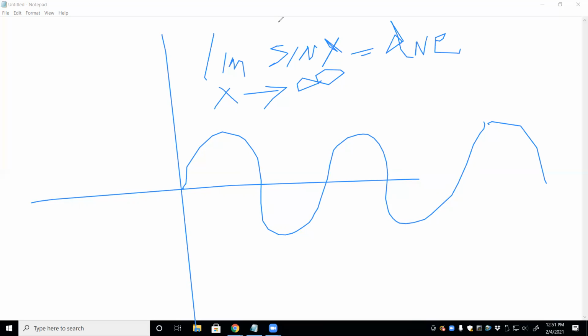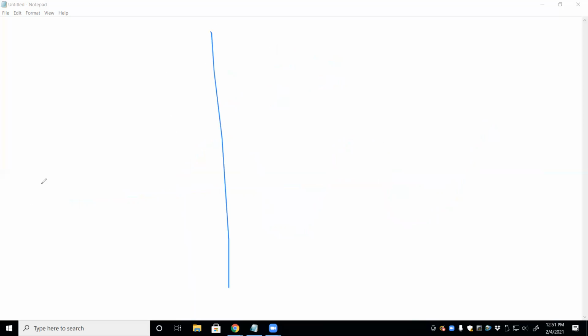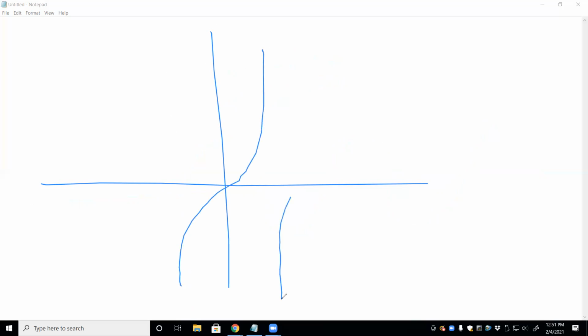And it's quite similar to the tangent curve, where it's going to be something like this, followed by this, followed by this. And so if you said, what is the limit of that function as x goes to infinity? Well, it's oscillating.